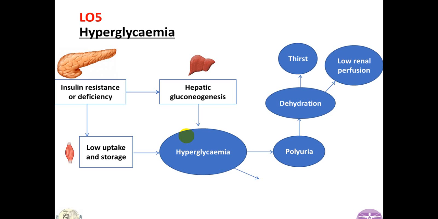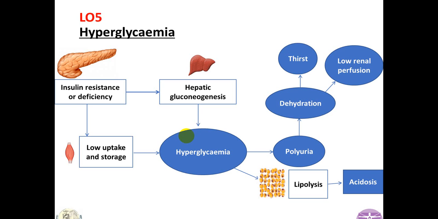On the other hand, hyperglycemia will result in lipolysis because, as we said, we need a source of energy. There will be breakdown of fat and the patient will have weight loss. This process of lipolysis will produce more ketone bodies and more acidosis.